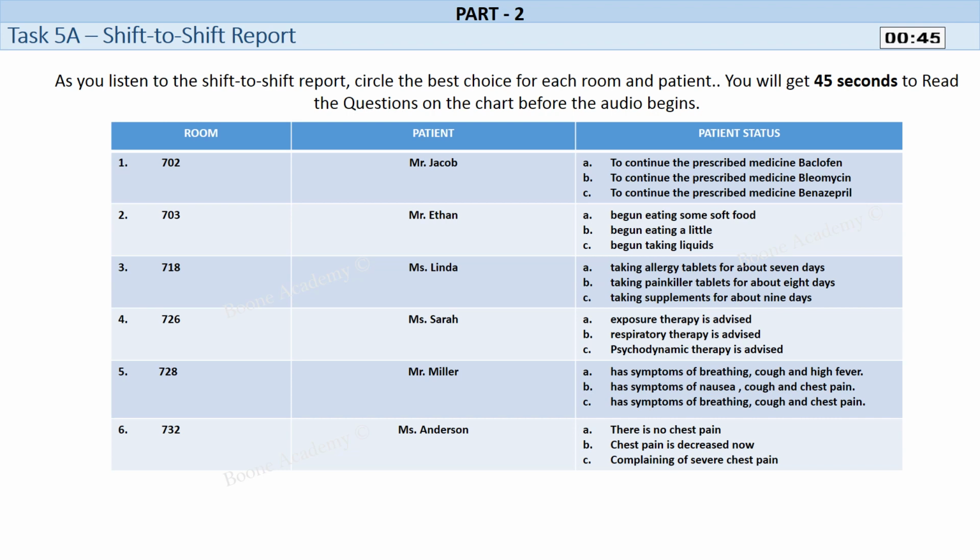Task 5A, Shift-to-Shift Report. As you listen to the Shift-to-Shift Report, circle the best choice for each room and patient.